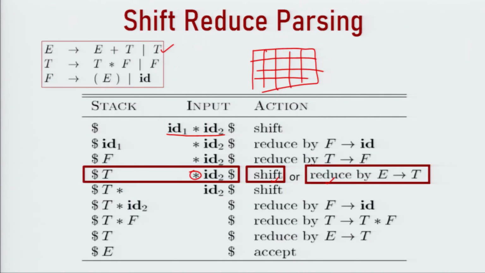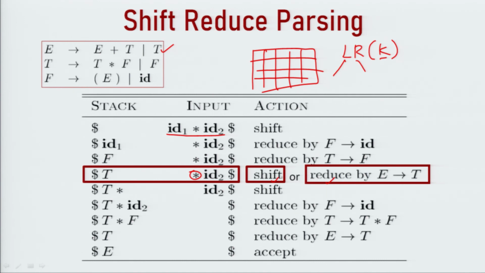An LR parser is written like LR(k). Here L stands for scanning the input string from left to right, R stands for obtaining the rightmost derivation in reverse, and k is some integer value that tells us how many input symbols of look ahead we are using to make the parsing decision.